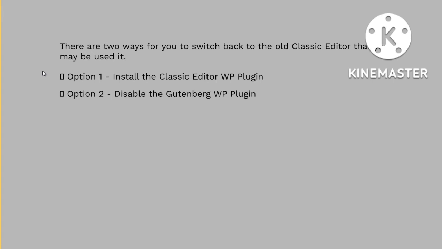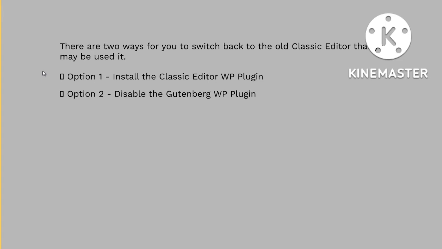But nowadays, from now on, all of the WordPress updates include the Gutenberg editor built into it. So if that's the case, you will need to use option 1. Option 2 is very obvious. If somebody installed the Gutenberg WordPress plugin, they would simply need to disable it. So what I'm going to do now is show you how to install the classic editor WordPress plugin.